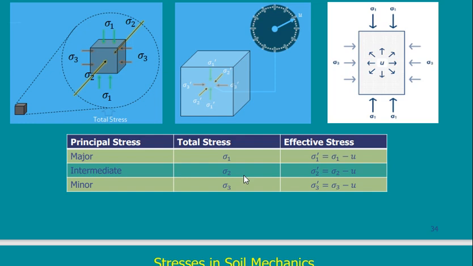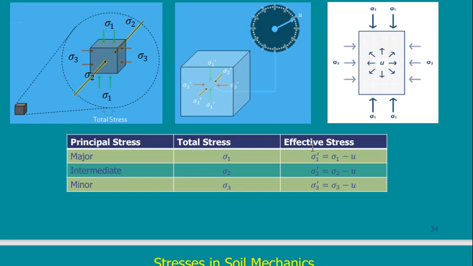So to calculate it, if this is 70 kilos, then this will be 70 kilos minus the 20 carried by water, so it will end up having an effective stress on the soil due to 50 kilos only.